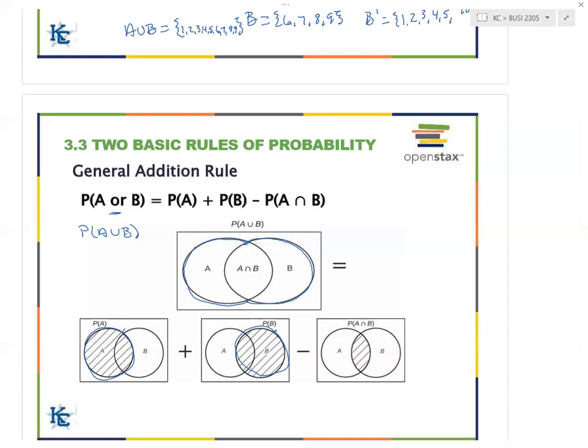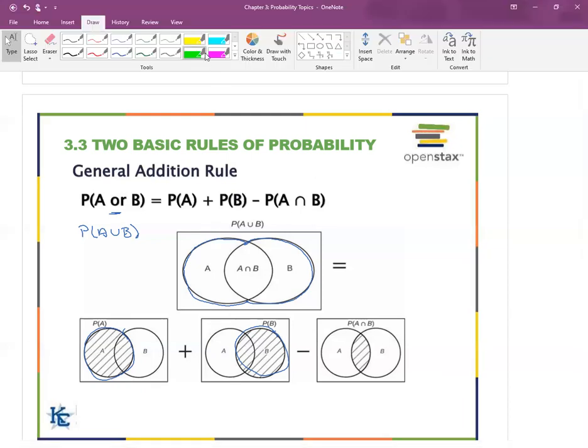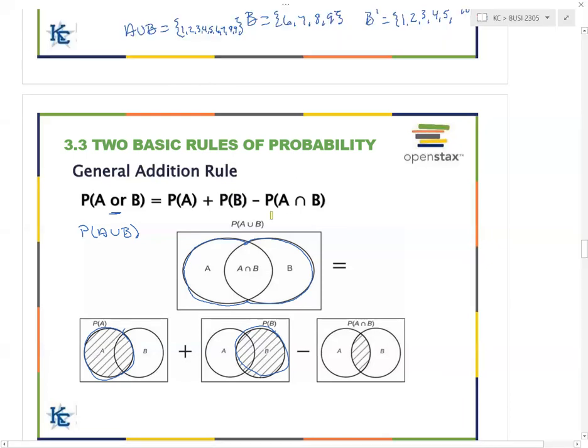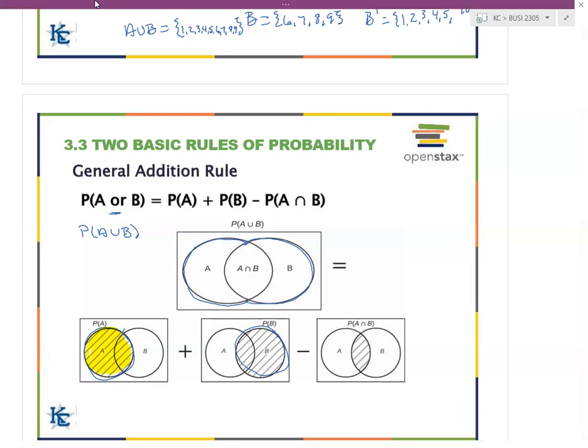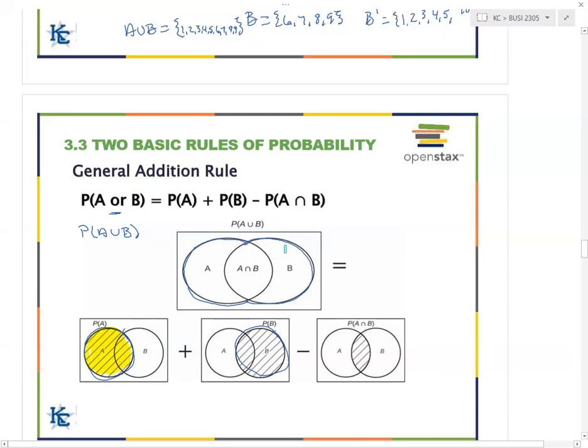So for example, if I did this in color, for those who are more visual, if I said, okay, just A, and then plus B, we see that the intersection gets counted twice because it's green.